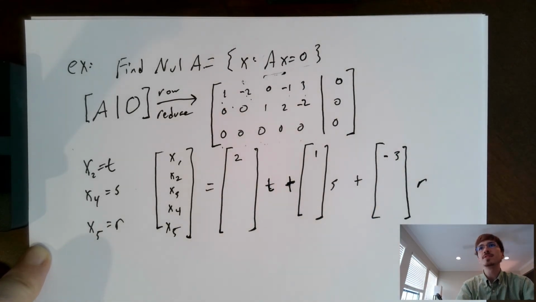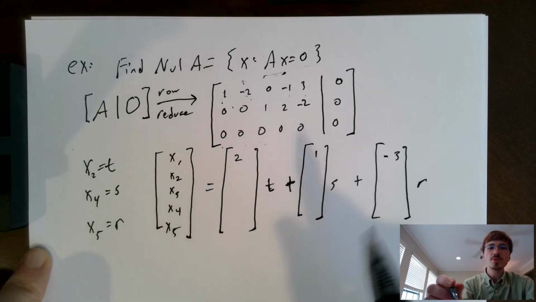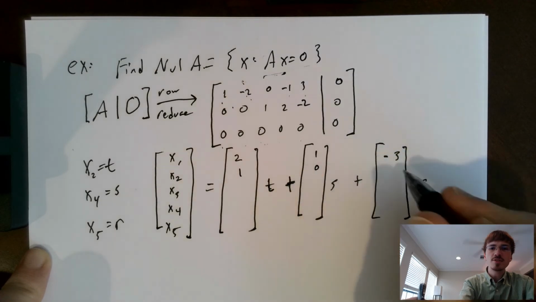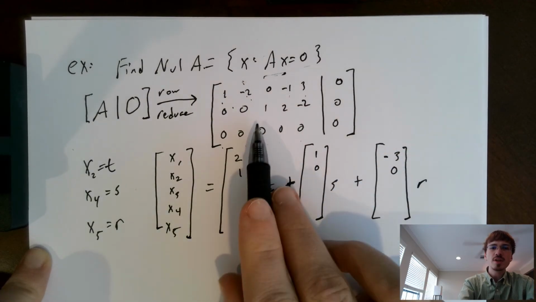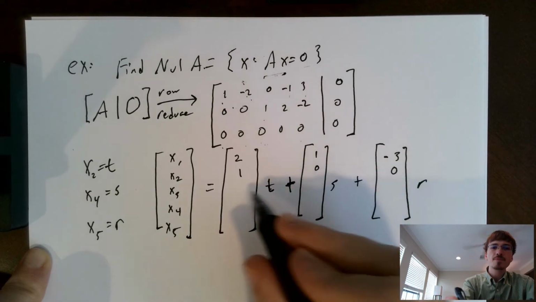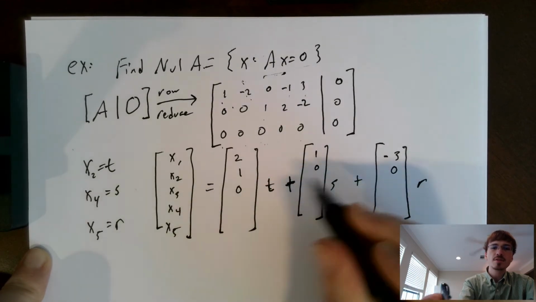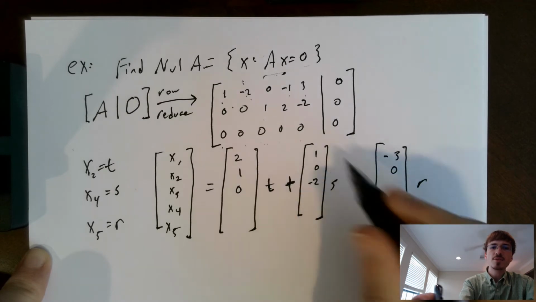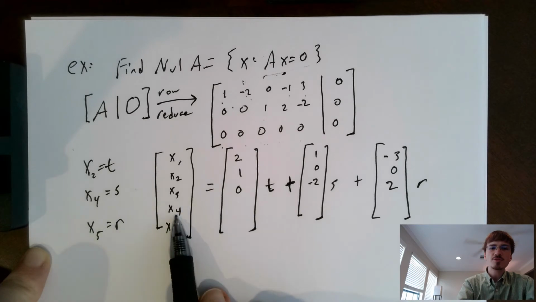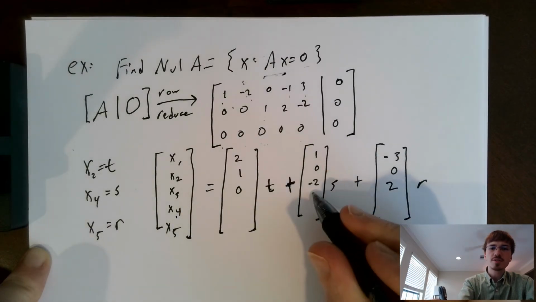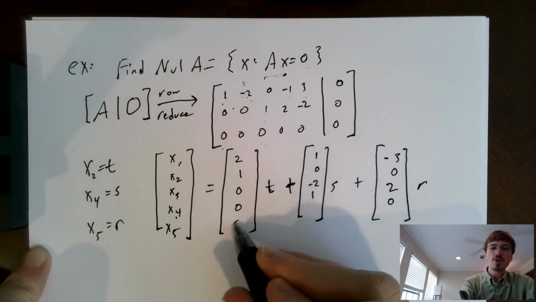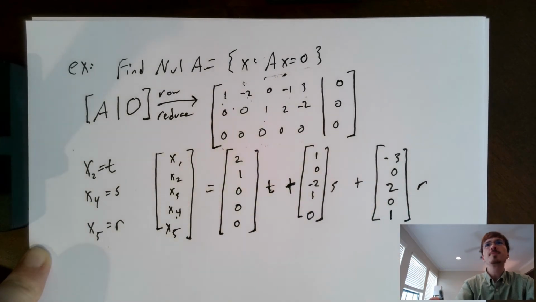I hope that makes sense. And we'll do the same thing. What's x2 equal to? x2 is just 1t and none of the others. x3 is going to be 0 t's minus 2 s's and plus 2 r's. x4 is going to be just 1 s and everything else will be 0. And x5 is going to be 1 r and 0 of the other ones, right?